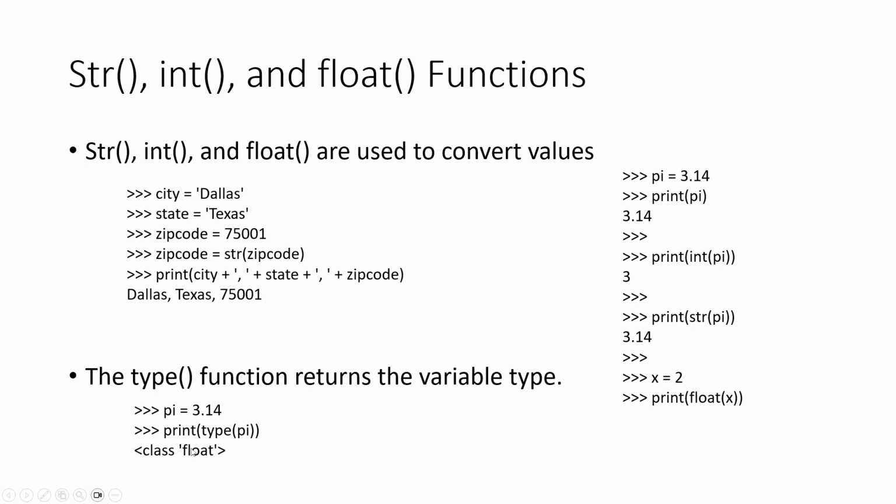variable type. In this case, if I create a value 3.14, that's what's called a floating point value. And a float is a number with a decimal point. And think of the float as, well, that decimal point can be anywhere within the value.